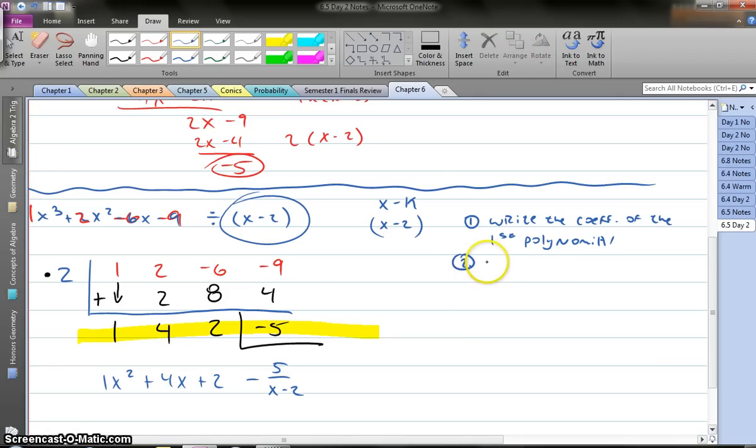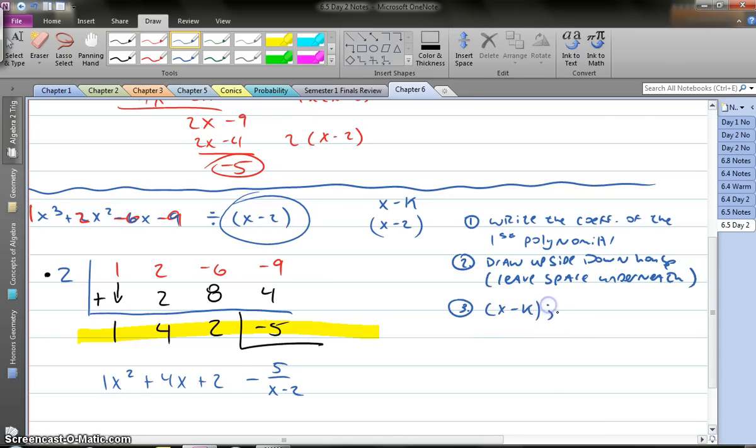Draw your upside down house. And please leave room underneath. So I would make note, leave space underneath. Now I know I'm not writing in complete sentences, but I'm just summarizing what we've done. All right, then step 3, x minus k. Okay, remember it's always the opposite of what's here. And then put k on the outside.